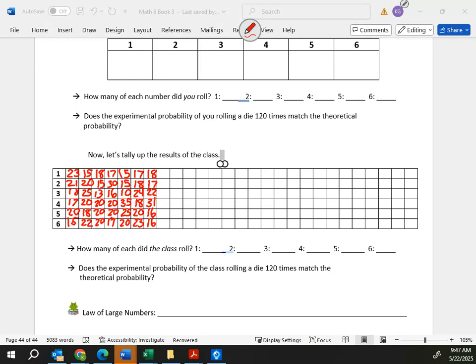Now, where were we supposed to be? 120. So we'll just guess at this point.